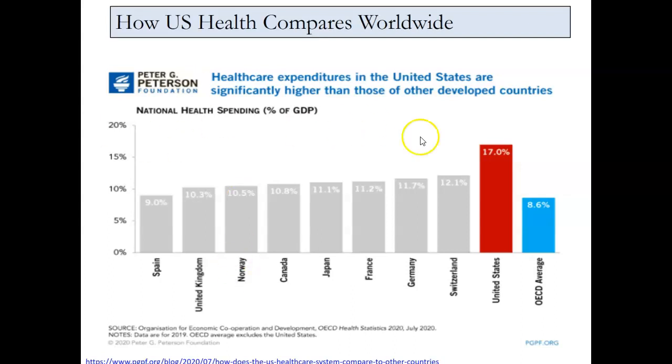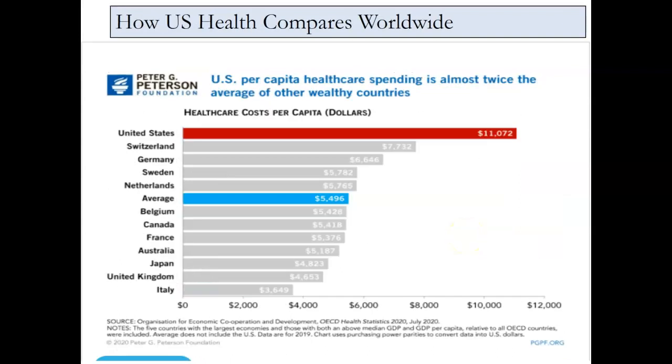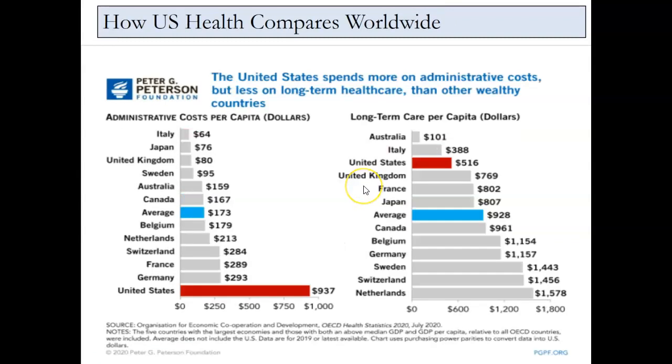It's almost twice the average in terms of the percentage of the gross domestic product, how much we economically put out as a country. We're basically spending almost twice as much on average. Per capita, also, again, outstanding numbers. We're spending just a ton of money on healthcare compared to other countries.